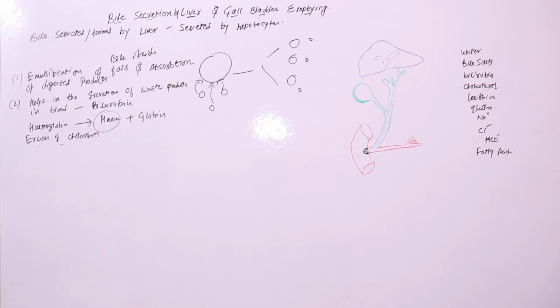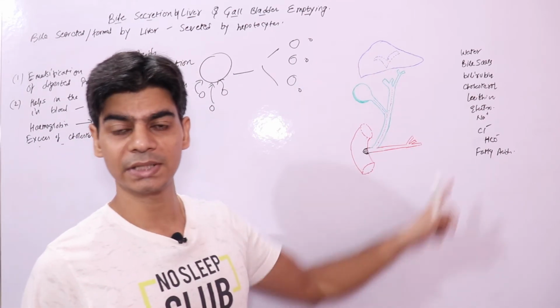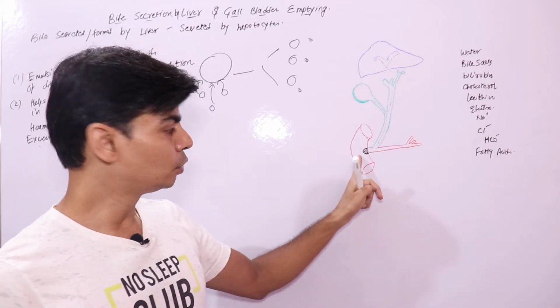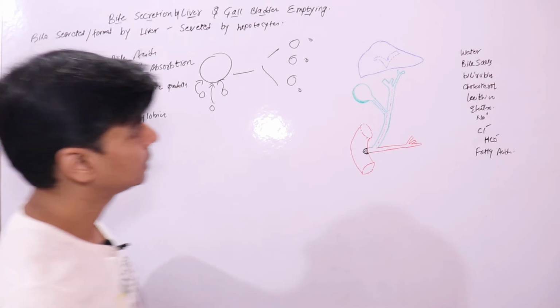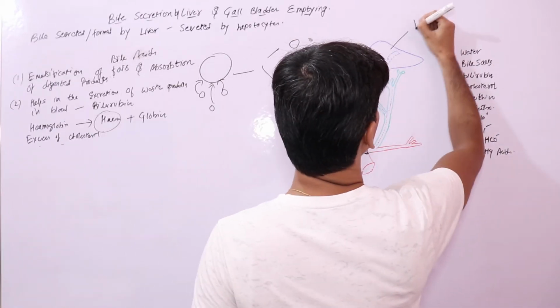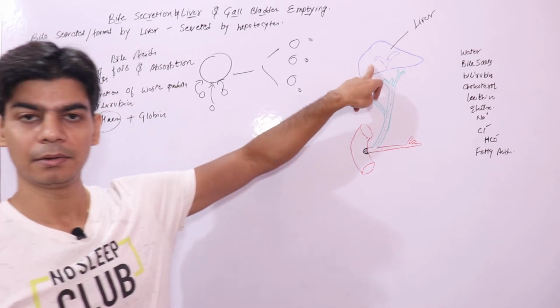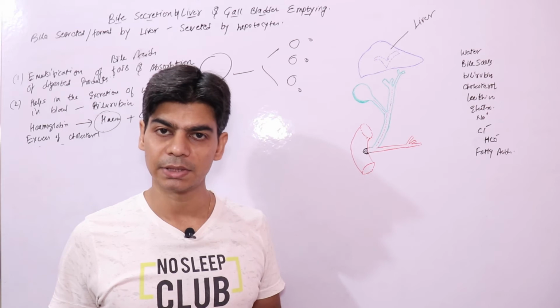Now let's quickly look into the anatomy of excretion of bile from the liver and its flow into the duodenum, right? The diagram that you see, this is your liver, that secretes your bile from hepatocytes.